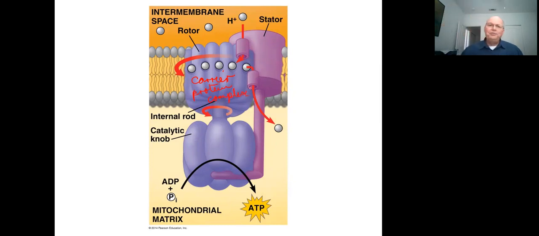The flow of hydrogen ions causes that carrier protein complex to rotate, which in turn rotates a connected rod of protein inside the enzyme complex.